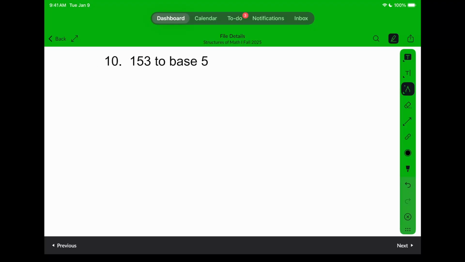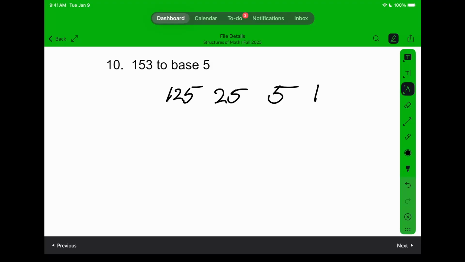153 to base 5. So again, with base 5, we can do 1, 5, 25. We can keep going higher: 125. We could at least try to go higher, because the next thing up, 125 times 5, would be 625. That's too high. 125 times 2 is 250, that's too big. But 125 is small enough to go into 153, so that is a 1.